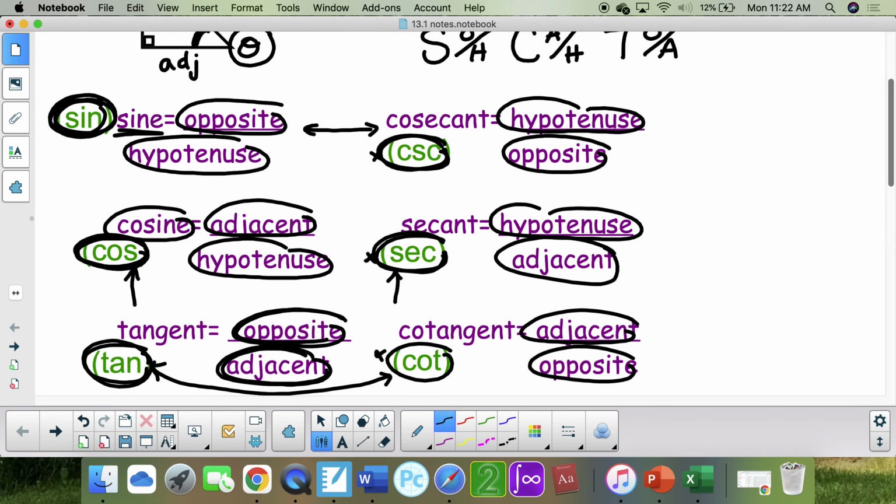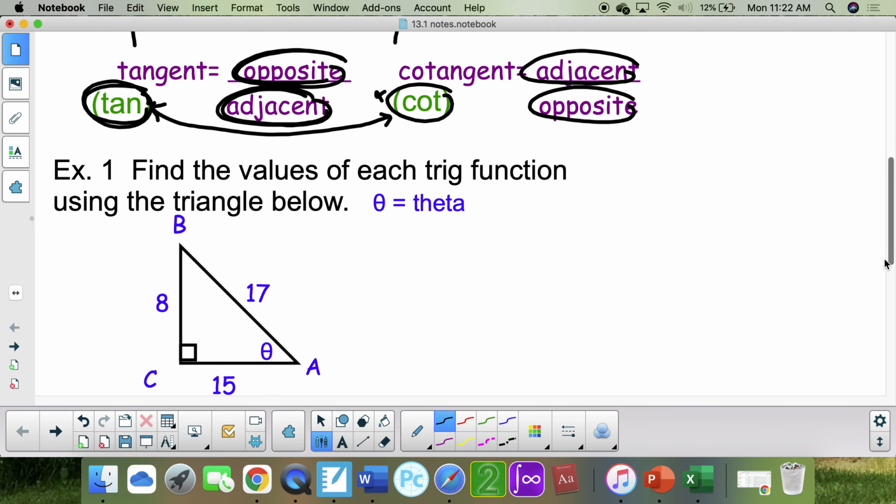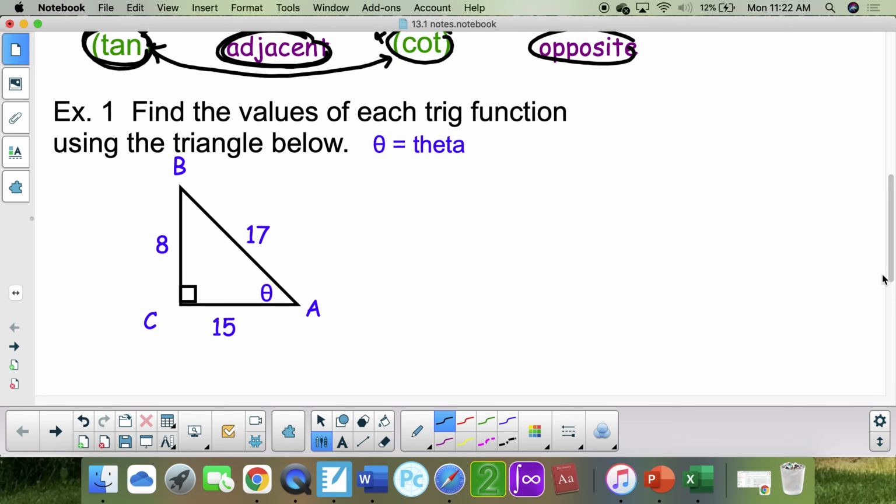So, okay, the first part of the assignment is this. They're going to give you a triangle. And what you have to do is you have to name the sine of theta, the cosine of theta, and the tangent of theta.